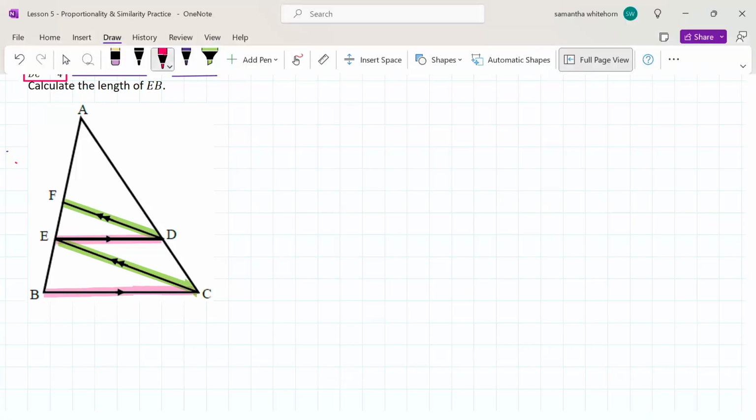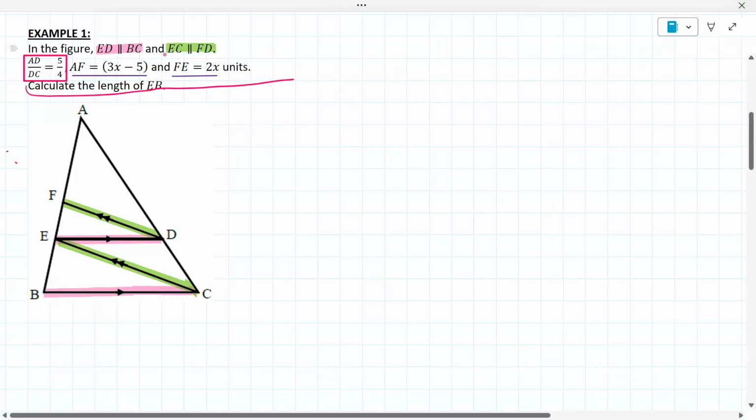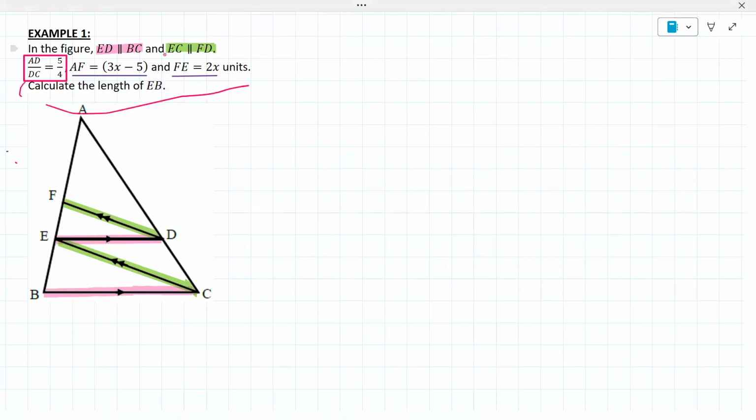All right, so before we even get to the question, I just want to quickly jump back to this ratio that we were given here. This AD over DC situation. Now remember, and we said this right in our very first lesson on proportion and similarity, a fraction is the same thing as a ratio.